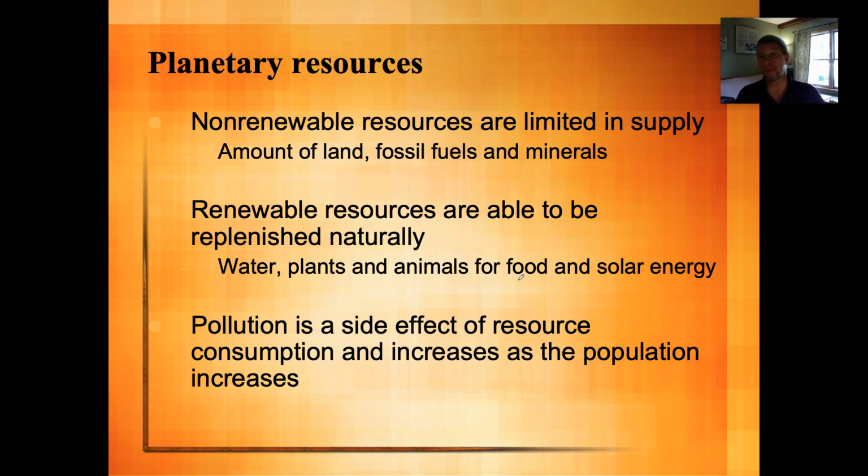And this includes the amount of land, arable land for farming and that sort of thing, but also resources that were produced millions of years ago, like fossil fuels, and even billions of years ago, like some of the minerals. All right, we're burning our fossil fuels at a very high rate, and sooner or later we will run out of them. So we need to develop other energy resources to replace them.